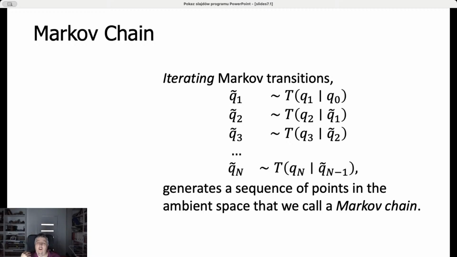A Markov chain is an iteration of Markov transitions. So the chain will be a sequence of points that come by transitioning from an initial point to a sequence of others governed by the proper probability. And these things we are calling a Markov chain.